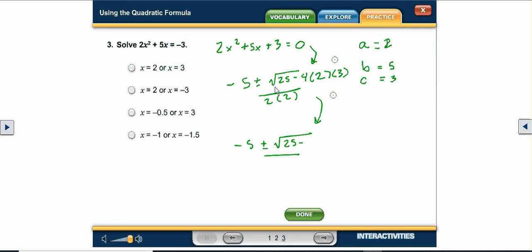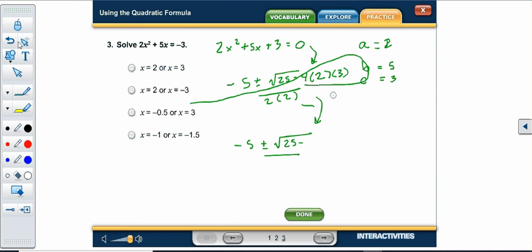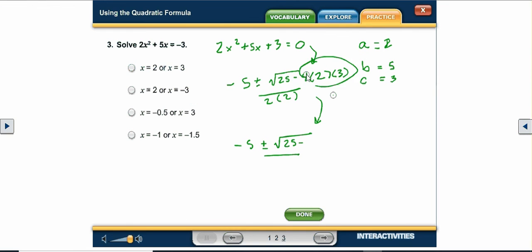Sorry about that. I don't know why it's having a hard time with that particular gesture. There you go. 4 times 2 times 3, or 8 times 3, 24. 2 times 2 on the bottom is 4.